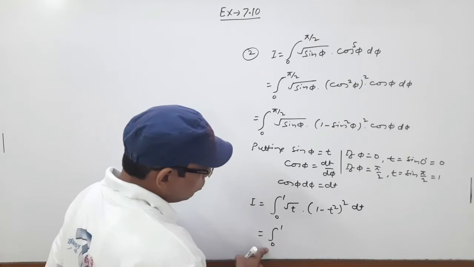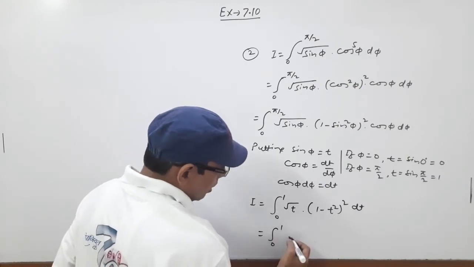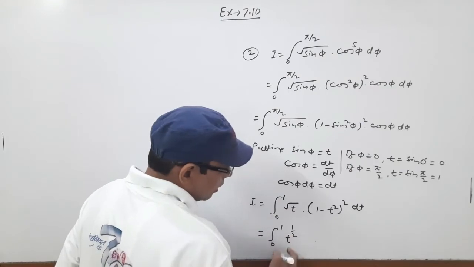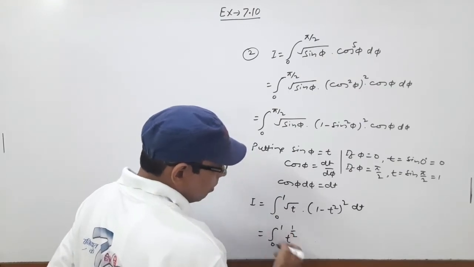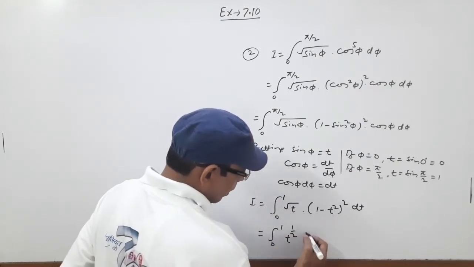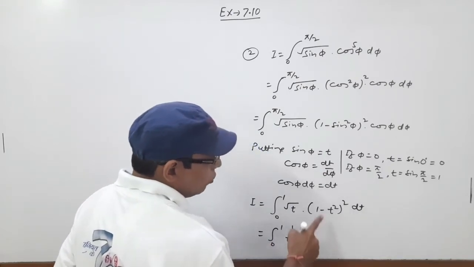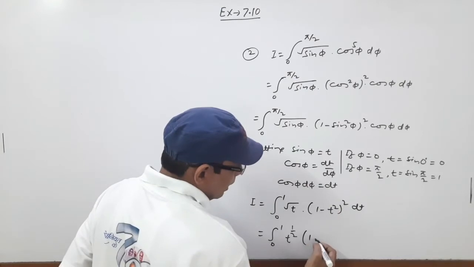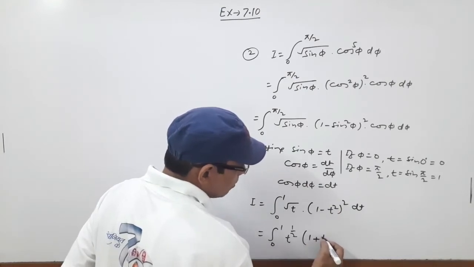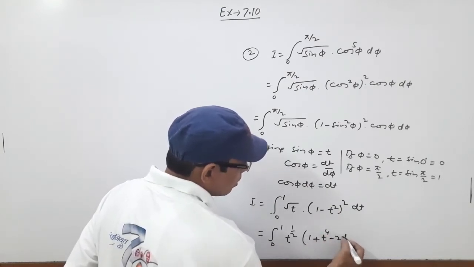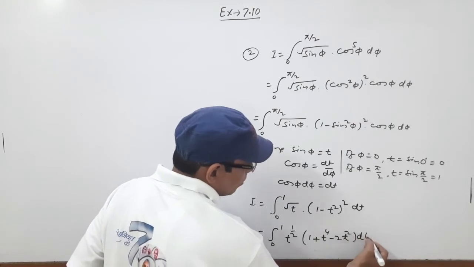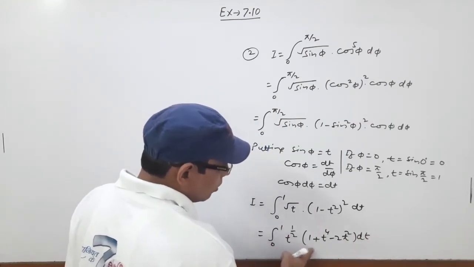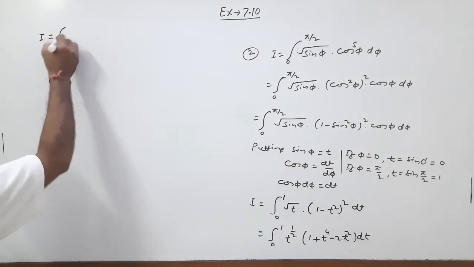Limit 0 to 1, under root t means t to the power of half, and we can use here the formula a minus b whole square, that is a square plus b square minus 2ab. Now we are multiplying t to the power half to this bracket.